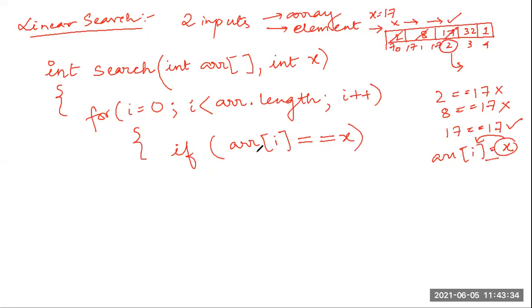So inside this I am checking. If it is found to be true, I will return the location. I will give that index location, right? And if it is not found true, I will go on repeating, and at the end, I will just get out of my loop. Fine.